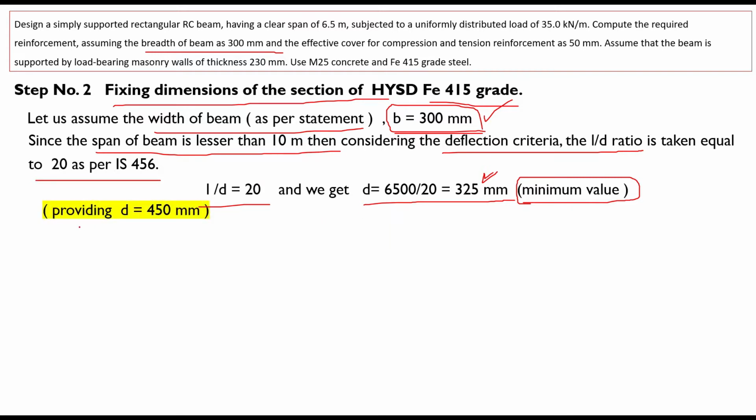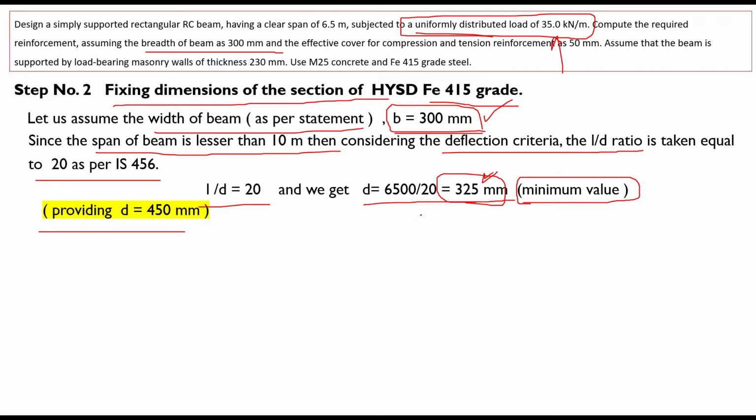So for this, we are providing here D 450 mm, and that will be the reason because you know that the load is quite high. That means UDL is given as 35, so it is considered a very heavy load.